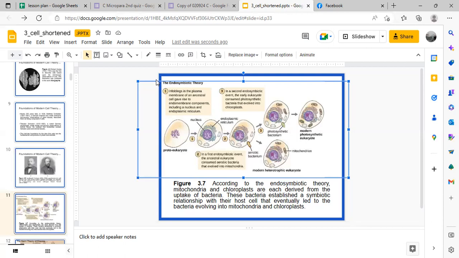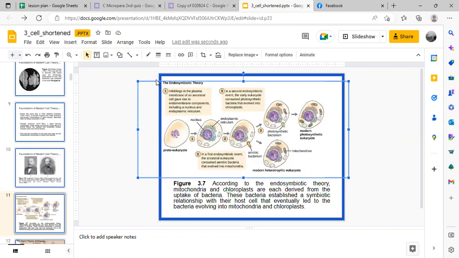So, yung proto-eukaryotic cell, eventually, yung infoldings niya doon sa loob ng cell membrane, it gave rise to yung endomembrane components. So, that includes the nucleus and the endoplasmic reticulum. And eventually, yung mitochondria mo ay galing siya sa aerobic bacteria.